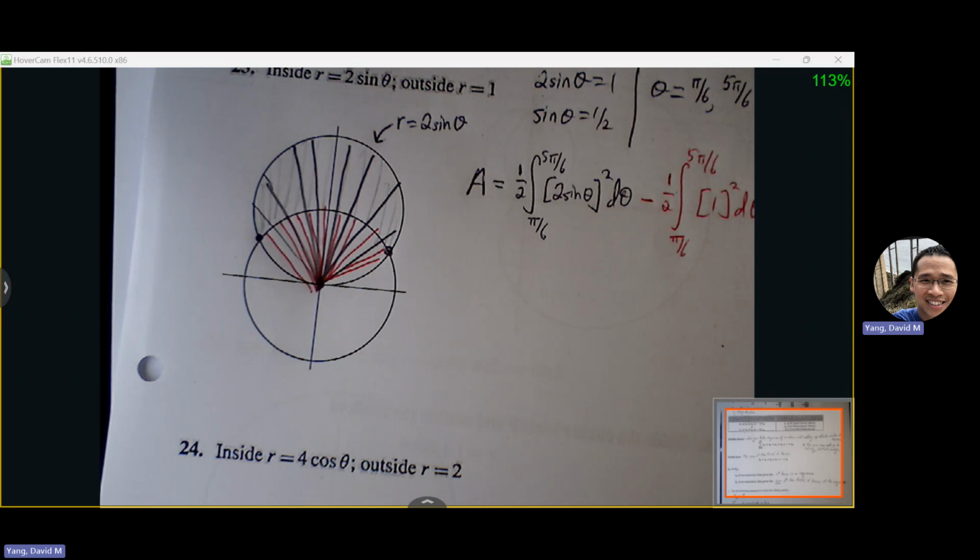You may want to put that square outside because it looks better. If you want, put additional parentheses around the 2 sine theta, and then the square outside. Or what I do is I like to have this stored under y1, and then just do y1 squared. That way you can do a thing from this.